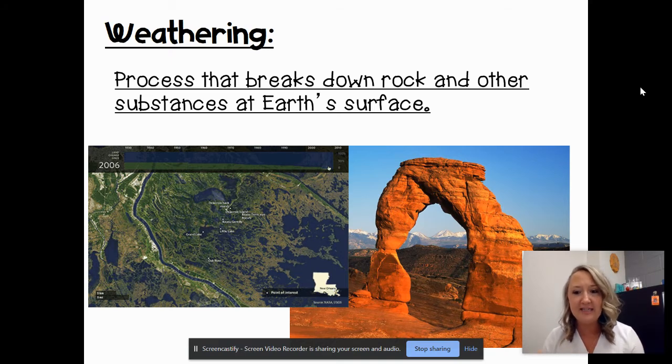We've got on the right-hand side a picture of a giant rock that looks like it's in the middle of a desert, which was probably caused by a little bit of wind erosion. And then on the left-hand side, you've got a little mini clip of a video from the 1950s until 2009 of the coast of Louisiana.